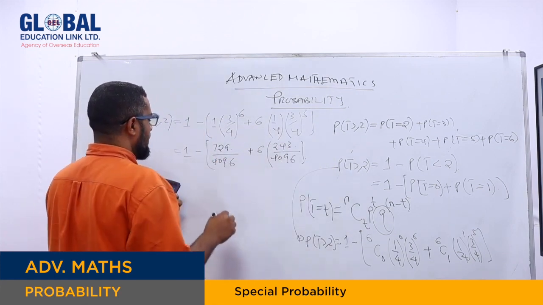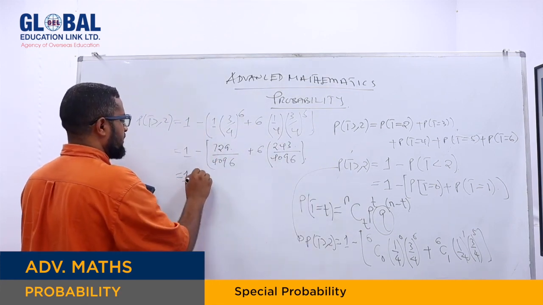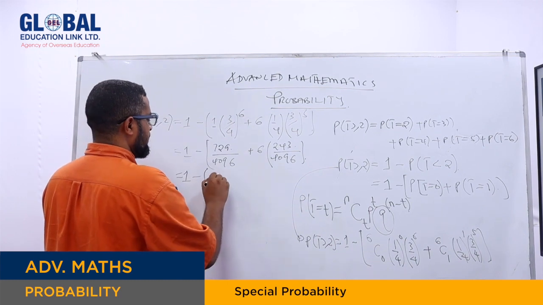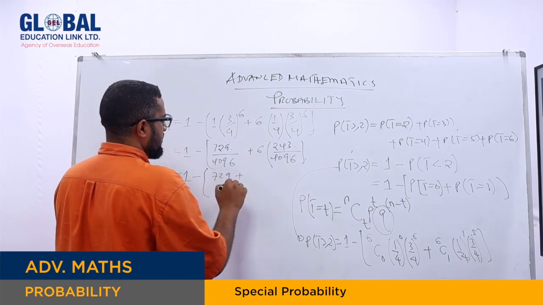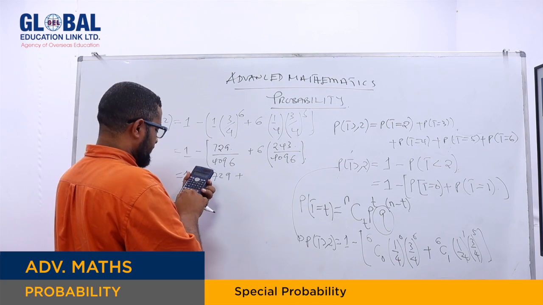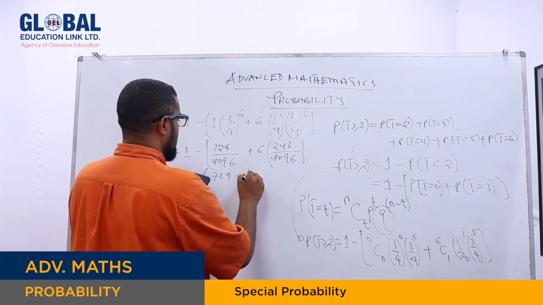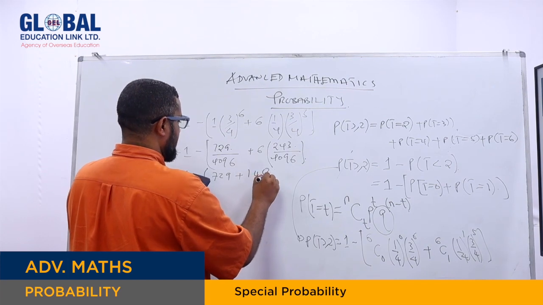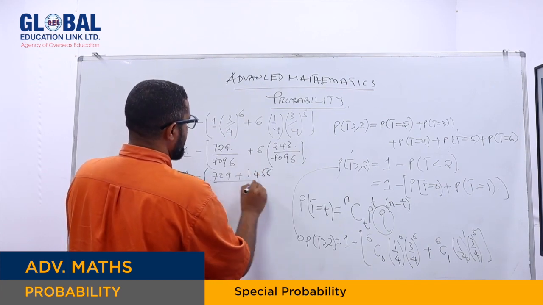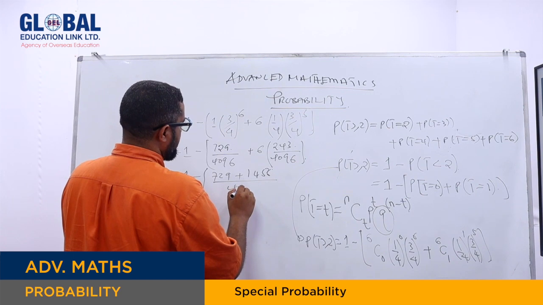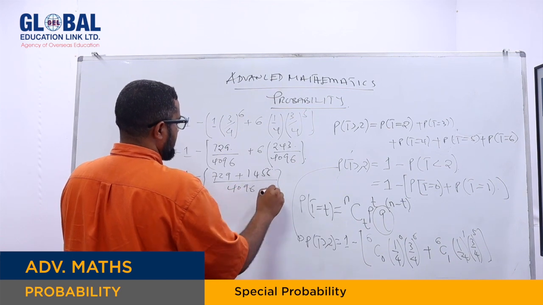Now, when you multiply, you will get the following. So 729 plus 6 times 243, we get 1,458 divided by 4,096.